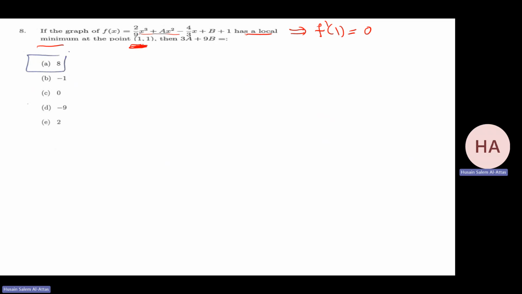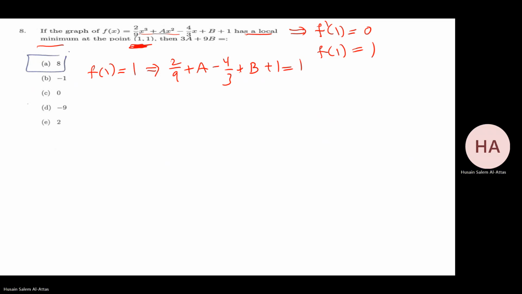Not only that, I also have f of 1 equal 1, since this is the point on the graph. So I'll use these two to try to find a and b. F of 1 equal 1, that implies what? 2 over 9 plus a minus 4 over 3 plus b plus 1 should be equal to 1. I put x equal 1.